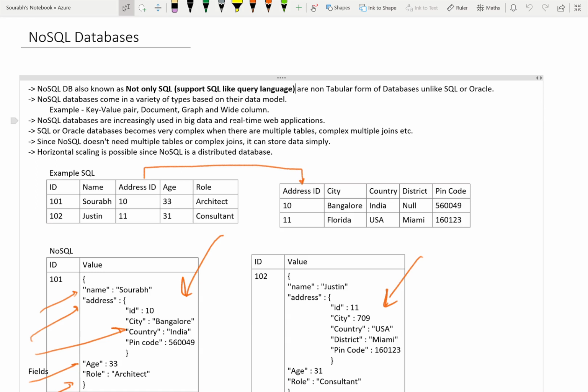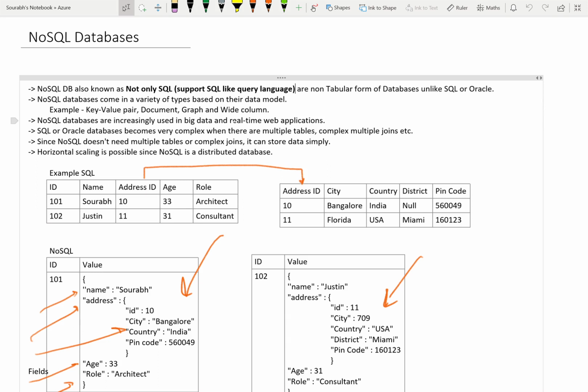You cannot write on two or three instances together, but that is not true with NoSQL databases. With NoSQL, if you have four instances, you can write on all four together, or maybe sequentially, and all four instances can later sync between them. That is why it is called a distributed database, and it brings in the concept of horizontal scaling. That is one of the major advantages.